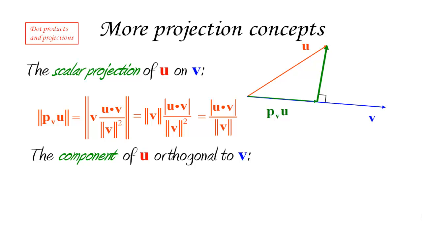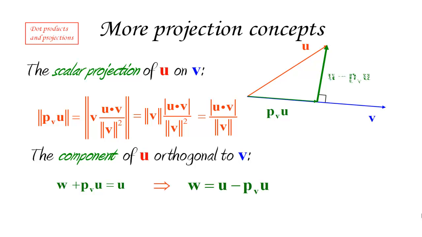The one that goes from the tip of the projection to the tip of the vector u. Now, think about that vector as the vector w, and notice that if I take w and I add to it the projection of u on v, I've got the sum of those two sides of the triangle. By the triangle rule, that sum is equal to the vector u itself.